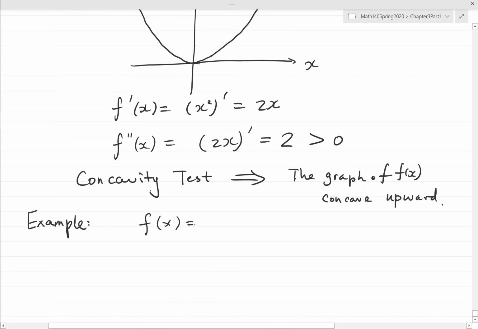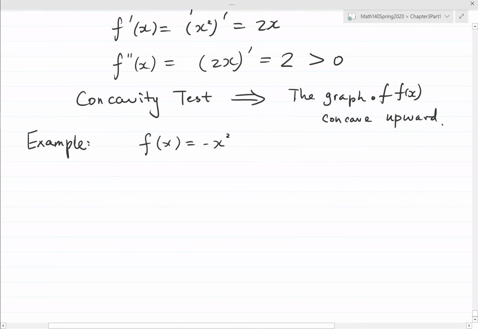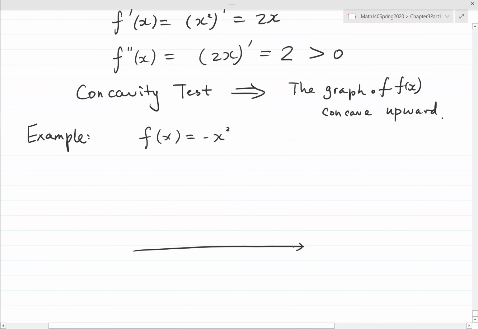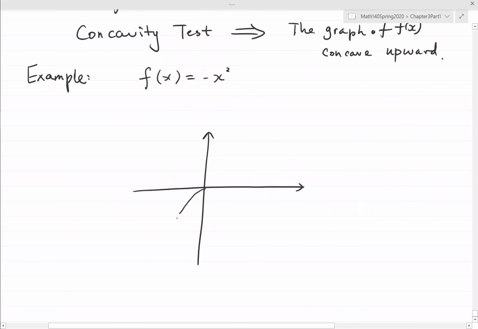Similarly, for the example f(x) is negative x squared, we know its graph is actually concave down. Now if you check, f'(x) is negative 2x.